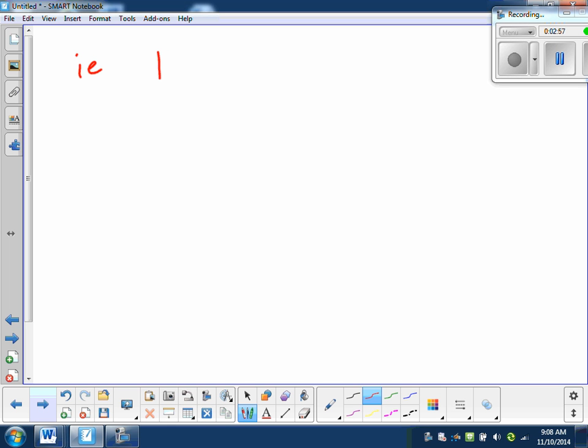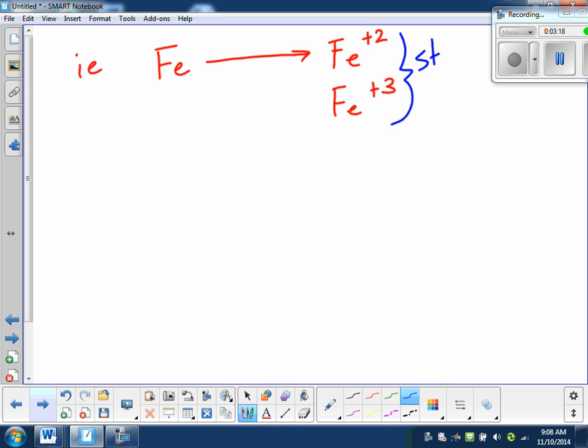For example, iron can become Fe in the +2 or Fe in the +3. Stable in both arrangements.